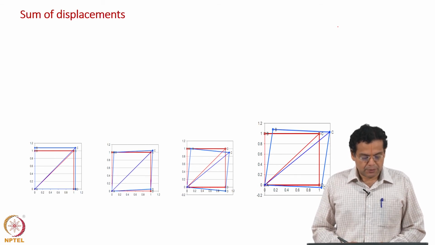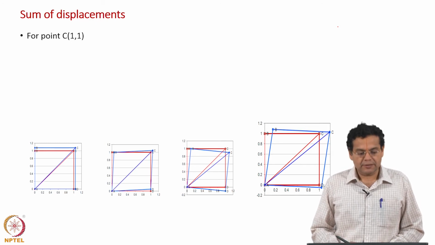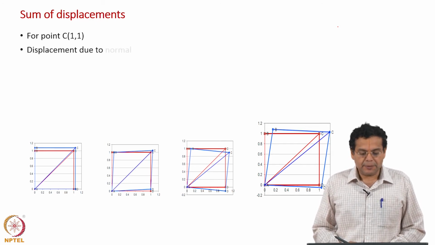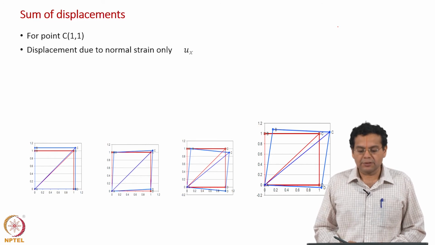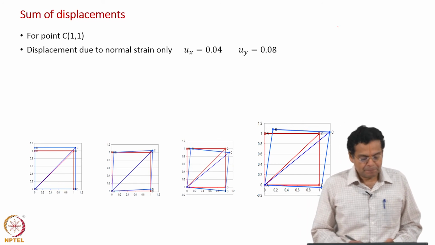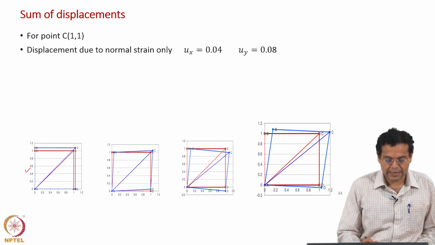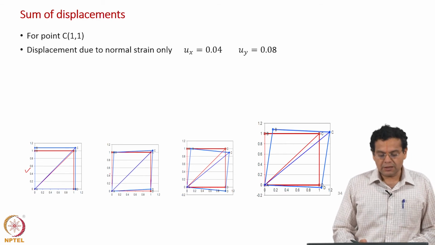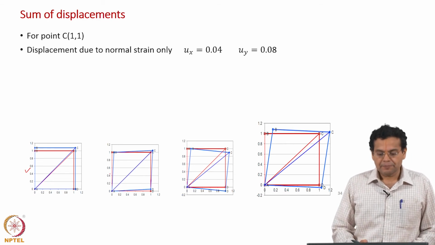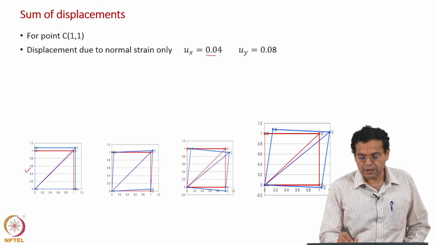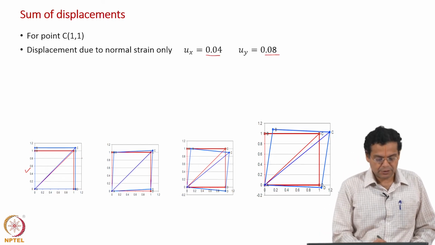Now, we will discuss point C. Point C, displacement due to normal strain only. The values were 0.04 and 0.08. The corresponding figures are shown at the bottom of the slide. The first figure shows normal strain only, and the displacements were 0.04 and 0.08. That is also seen here.